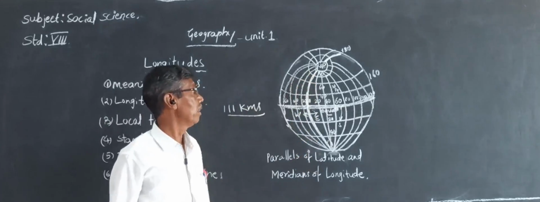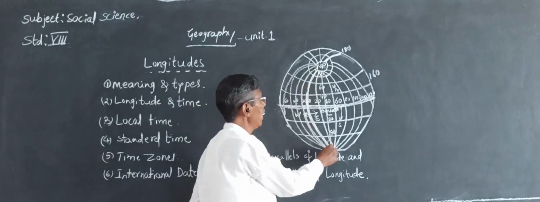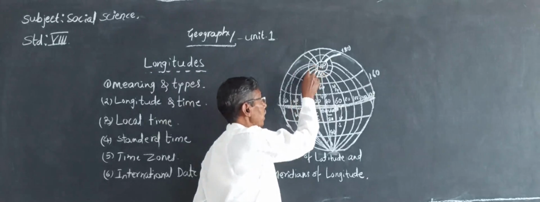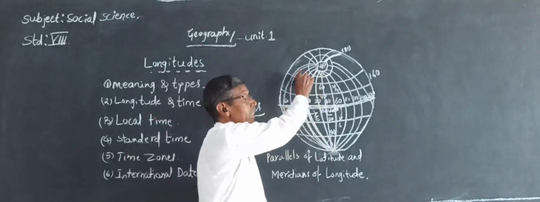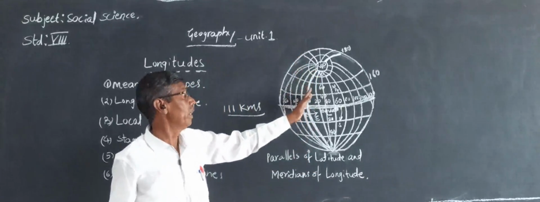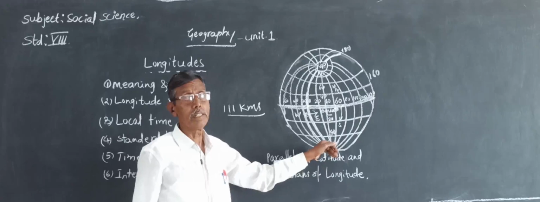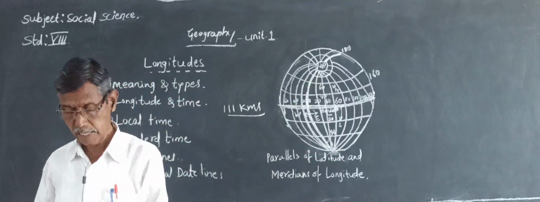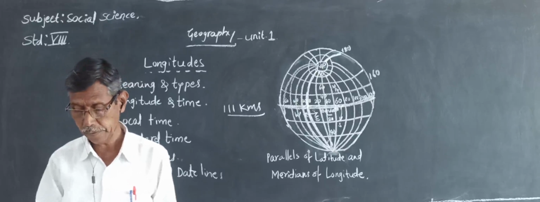For example, when it is noon at a given longitude, all the places on that same meridian have the same time because the sun is shining vertically over that meridian. That is the local time of that longitude.